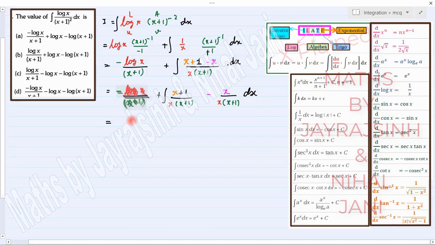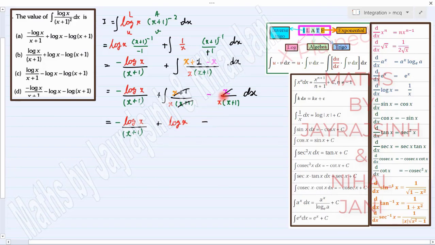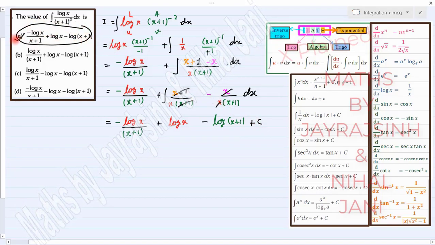Now your first term will be as it is, and here x plus 1 will cancel out. Integration of 1 upon x will be log x, minus x and x will cancel out. Its integration will be log (x plus 1) plus c, which is given in option A. Ta-da!